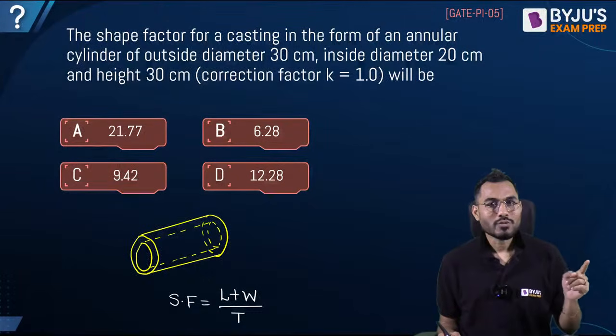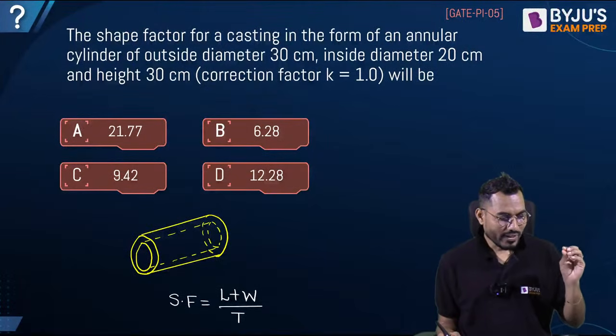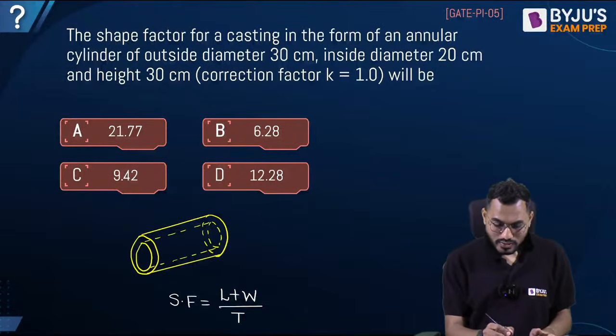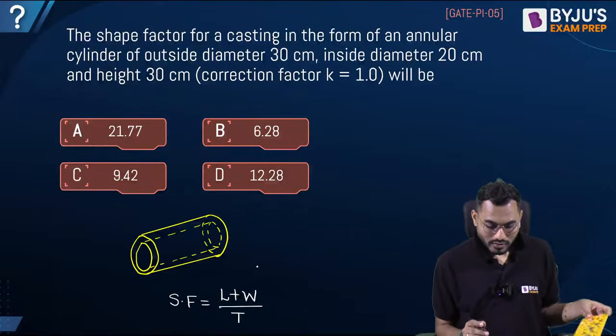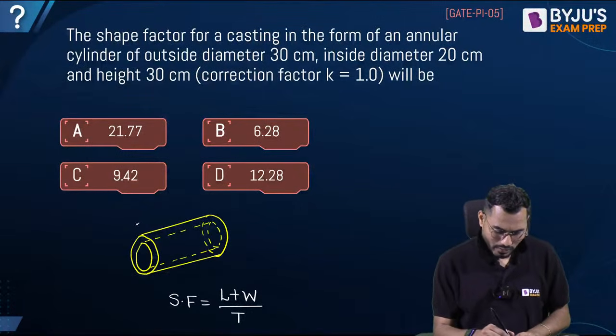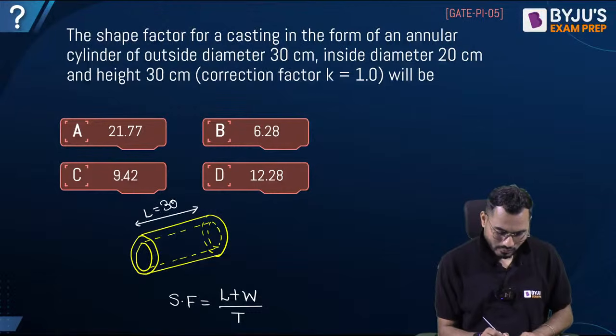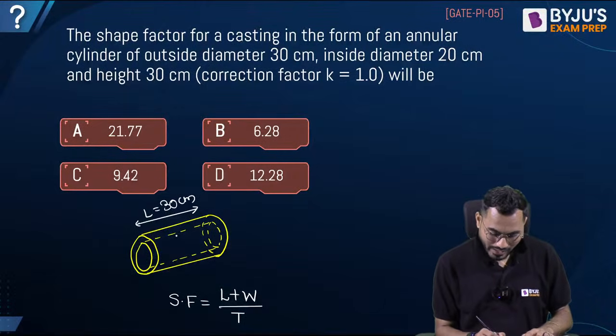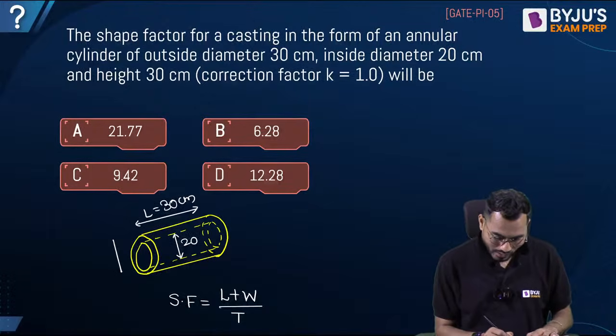Yes, absolutely spot on. It is very simple. What is given? The length or height, whatever it may be, is exactly equal to 30 centimeter. Inside diameter is given as 20, and outside diameter is given as 30.